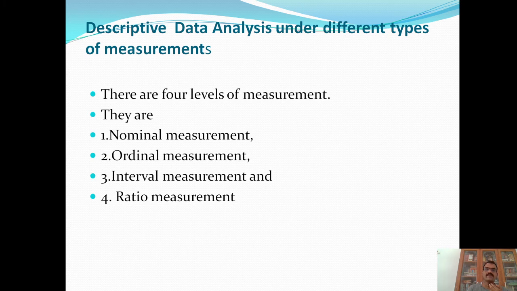We have already discussed all these at the time of studying scales: nominal scale, ordinal scale, interval scale, ratio scale. So by using all these scales, now we are going to measure. So 4 levels of measurements are there.